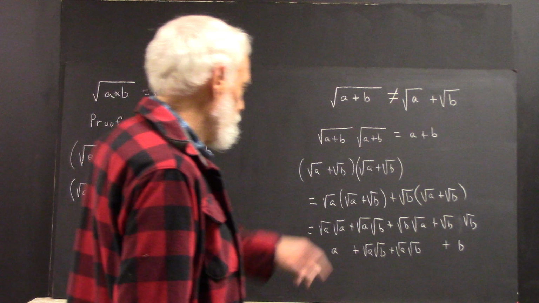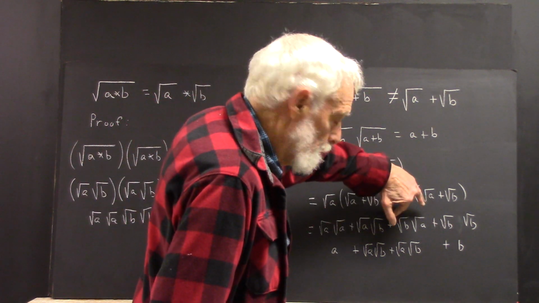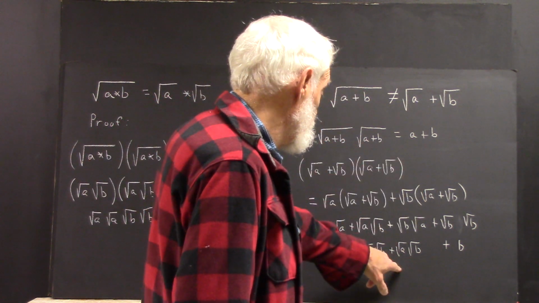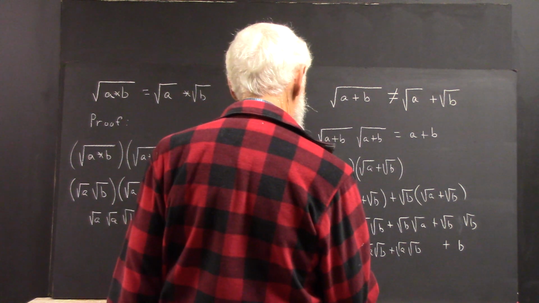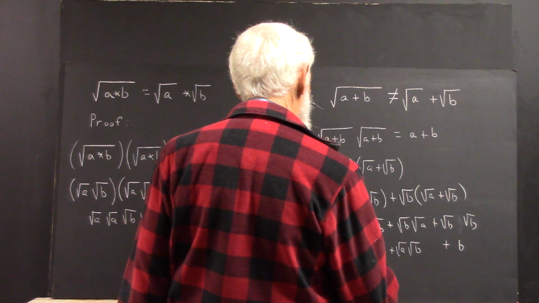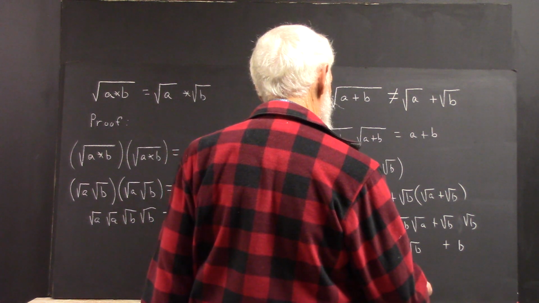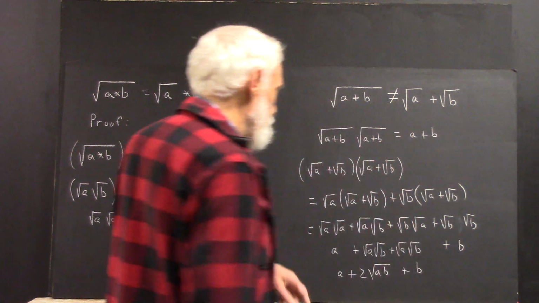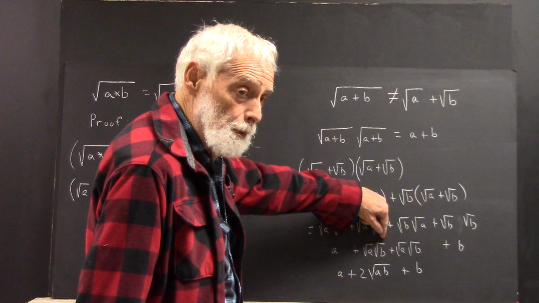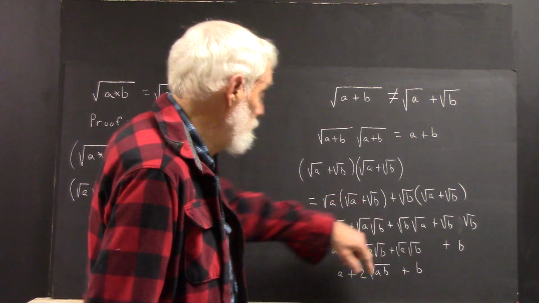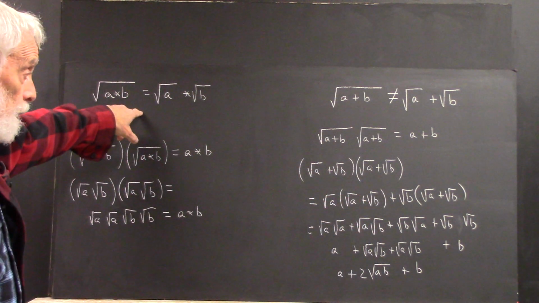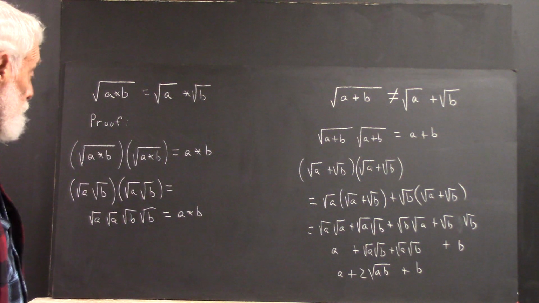I'll do a couple of steps here. I'll reverse the order of the multiplication between the square root of B and the square root of A to get this. And we see that I get A plus 2 times the square root of AB, plus B, where I've combined the square root of A times the square root of B into the square root of AB, because we've seen that I can do that.